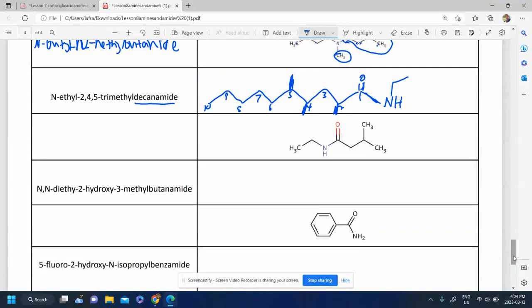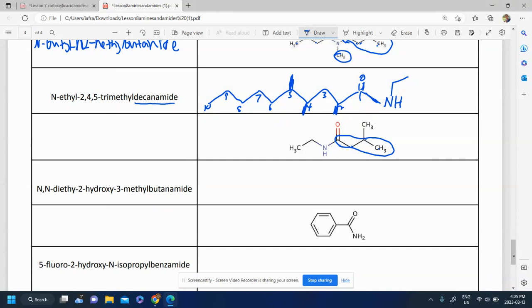Let's go ahead and try this one here. So you can try to pause the video and try it yourself. So here we have our amide group. This is the longest chain with the amide there. We have 1, 2, 3, 4. So it's a butanamide. But notice we have some substituents.